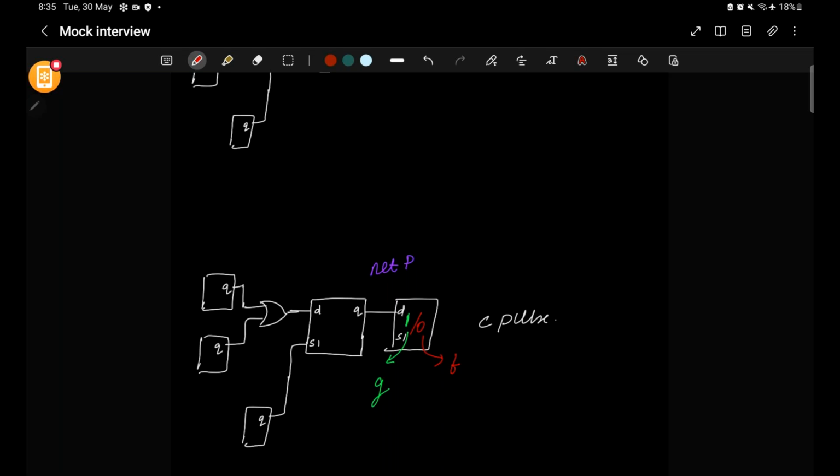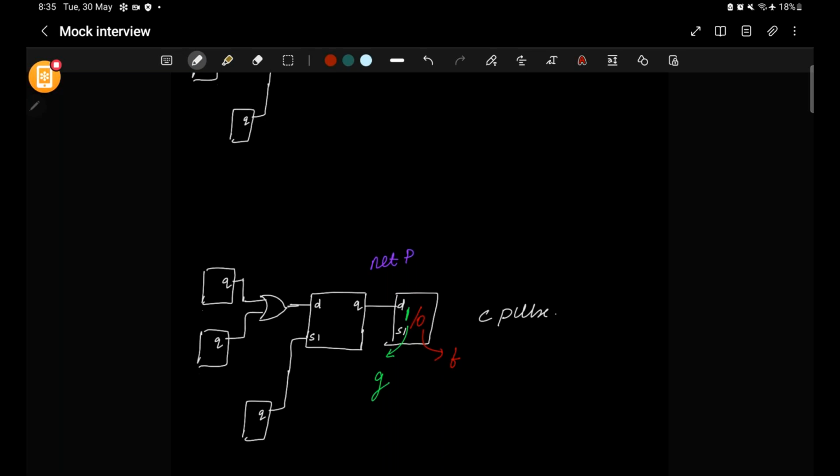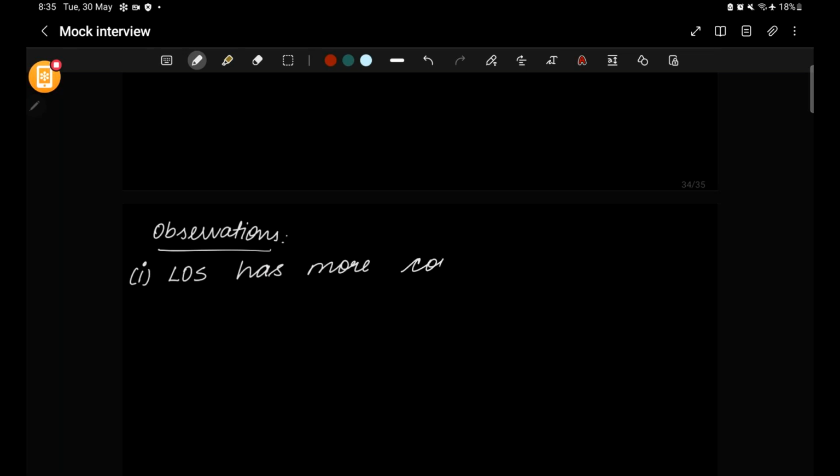Okay. So what are the observations which we have actually seen here? The first is, LOS has more coverage compared to LOC.